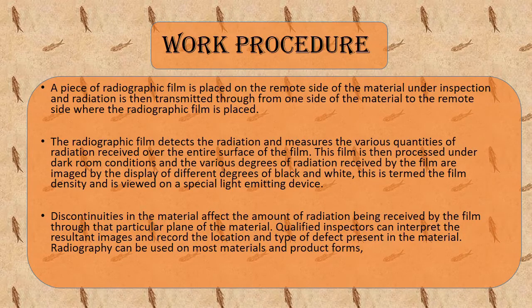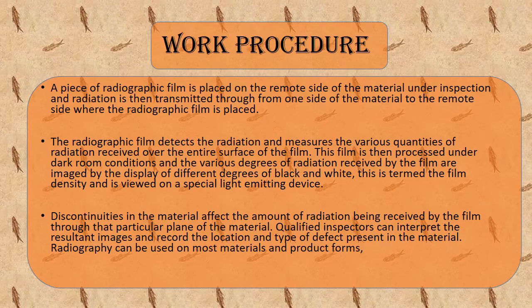Work procedure. The method is based on the same principle as medical radiography in a hospital. A piece of radiographic film is placed on the remote side of the material under inspection, and radiation is then transmitted from one side of the material to the remote side where the radiographic film is placed.